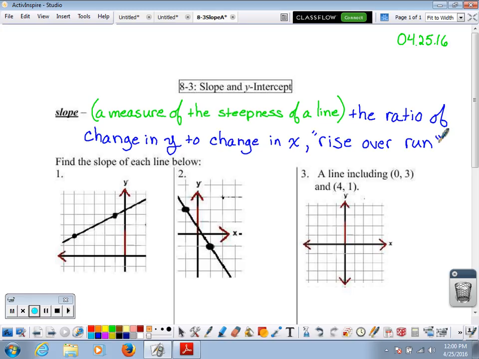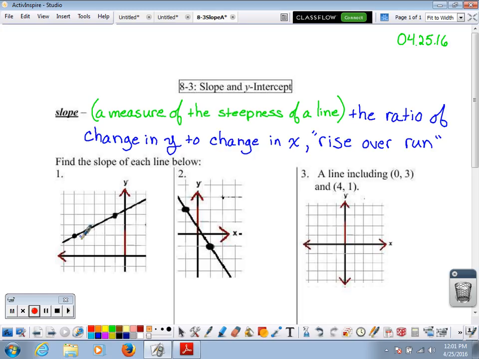Rise over run. So we've got some graphs here, and I want to find the slope of each line below. Now I'm going to find those slopes using the idea of rise over run. We always go left to right. Just like reading a book, just like reading any math problem, when we talk about a graph, we're talking about it from left to right.